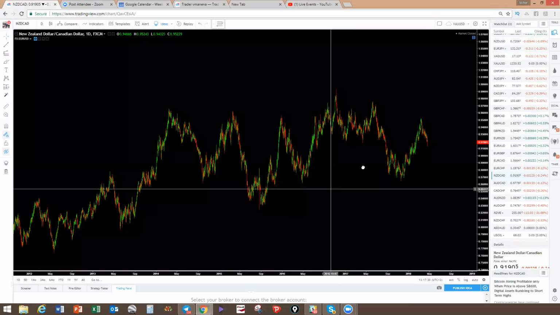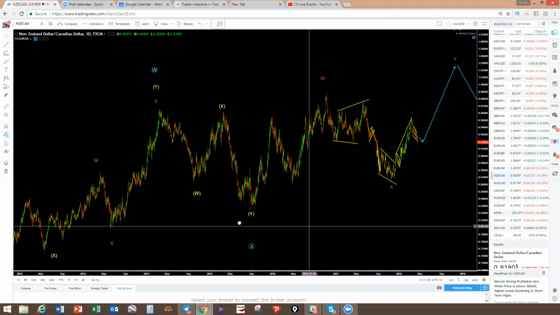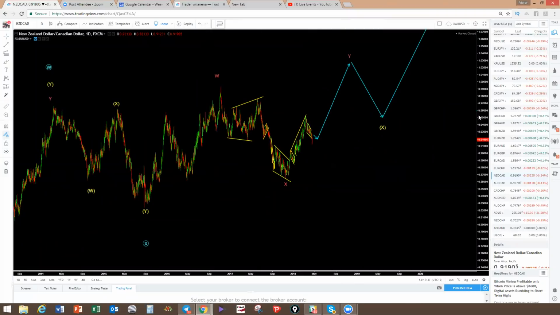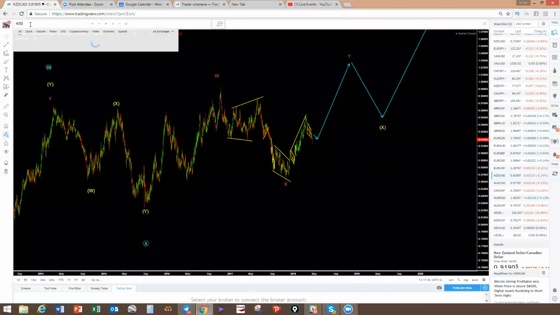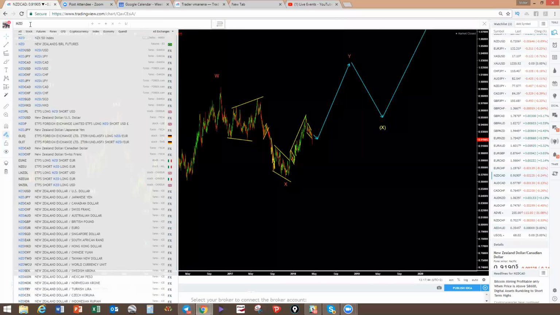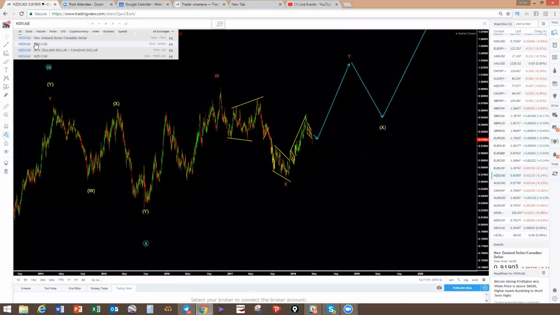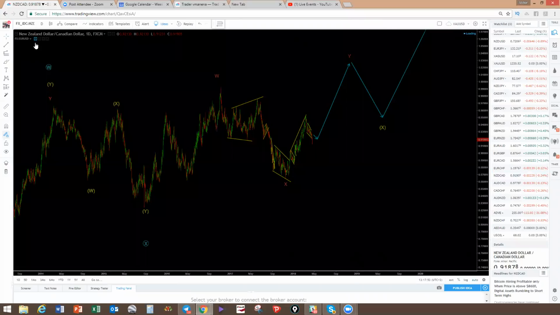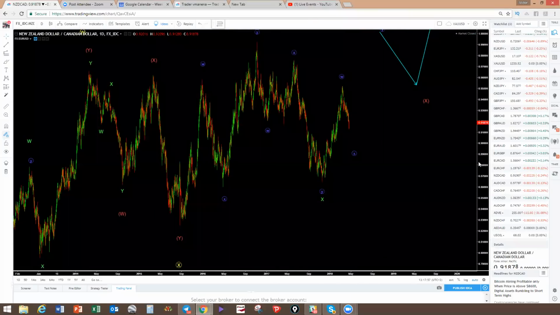It's a very interesting one. Actually, I don't want to look at this one here. Let's look at the one from ICE. This pair is just so perfect, yet so seemingly complicated.